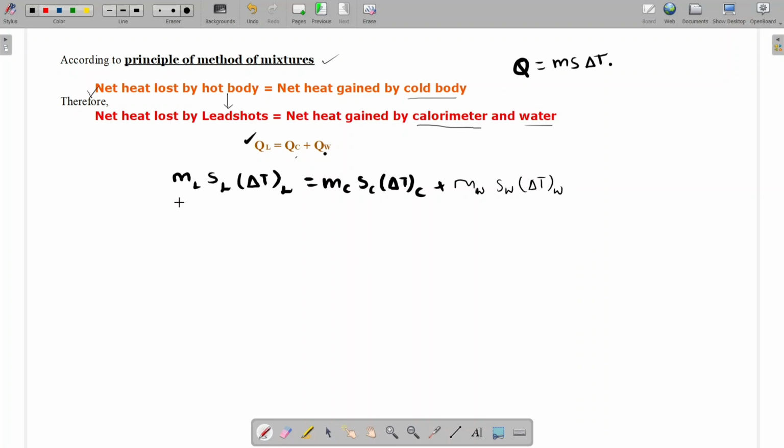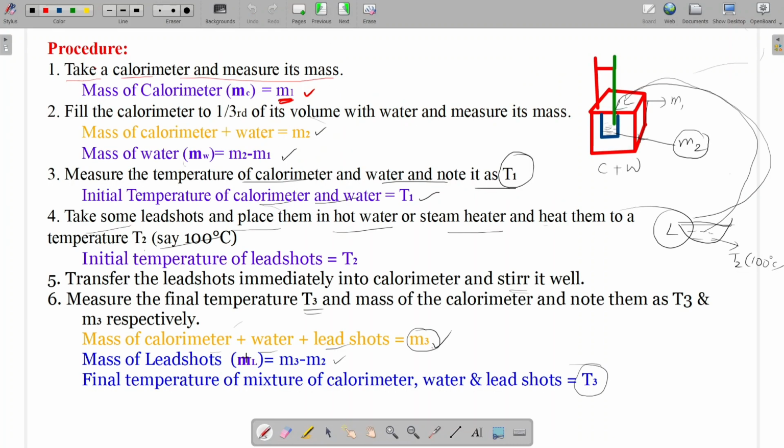Now, what is the mass of lead shots? The mass of lead shots is m3 minus m2.